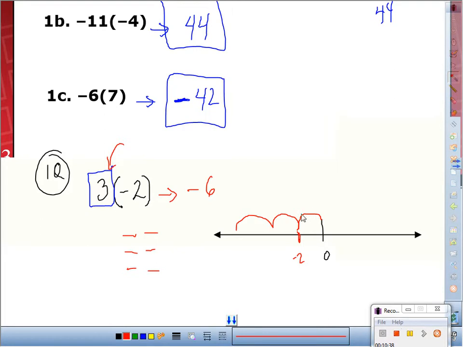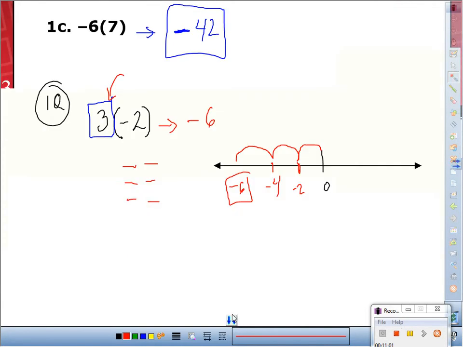The first jump was at negative 2. Where do I land on the second jump? Negative 4. And on my third jump, I land where? Negative 6. And that's how we use tiles and the number line. Copy that, please, and I'm going to give you one for you to try.